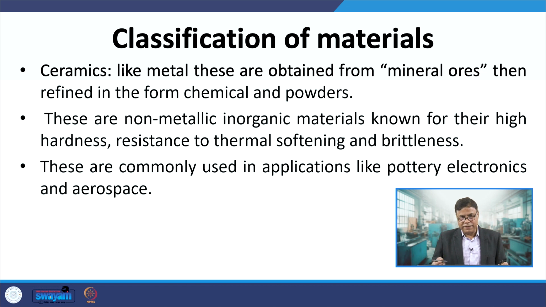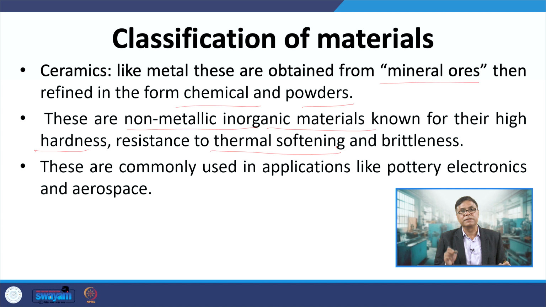Ceramics is another important category of material which is extensively used for making a variety of products. Ceramics, like metals, are also obtained from the mineral ores, and then these are refined in the form of chemicals and powders. Ceramics are mostly non-metallic inorganic materials, and these offer very high hardness and very high resistance to surface wear.